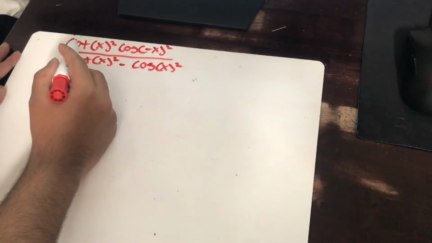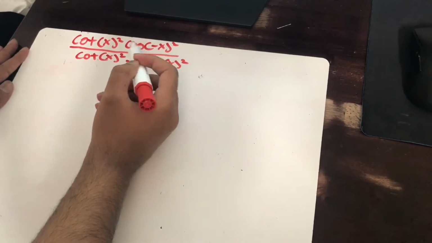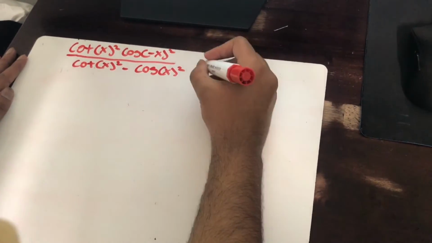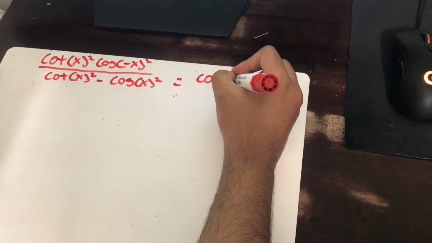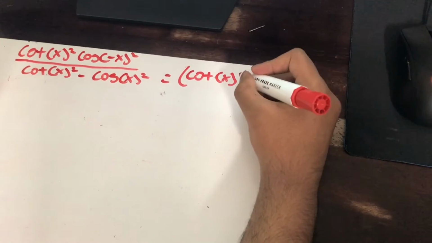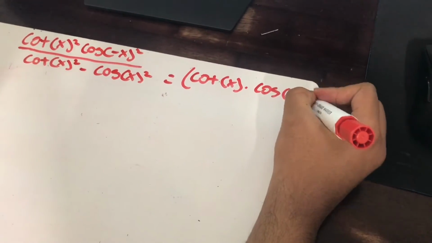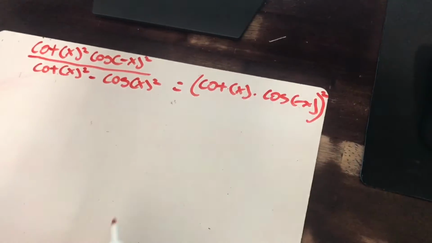Because over here the numerator has the same exponents, we can multiply the bases together and then put 2 on the top. So it's going to look something like cotangent of x in the bracket multiplied by cosine of negative x, all of it to the power of 2.